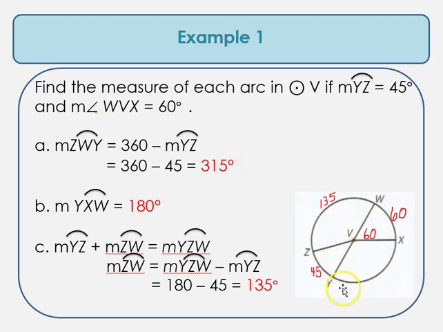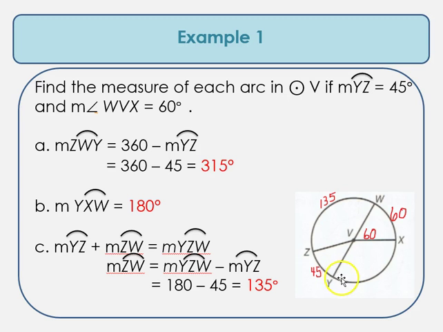We also know that the measure of YXW is 180. At this point, I would probably solve and say that 180 minus 60 is 120. They're doing it a different way. You're going to find that you'll have many options to solve these circles, arcs, and all the pieces of the circles. We'll just follow along with the book, but right now I already know that XY is 120.